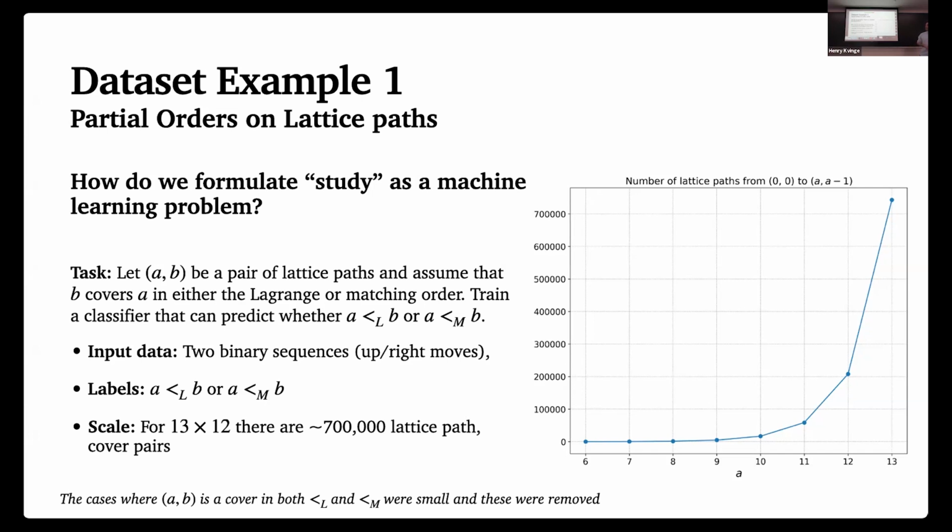What we ended up landing on is collecting sets of covering pairs, where the cover of a covering pair AB, where A covers B or B covers A, holds in one partial order or the other and not both. You can ask why choose that, and I'll say in a second some comments on that, but it's certainly not the right way. There's probably more ways to do it. But translating things to a simple machine learning format like binary classification is nice when you can.